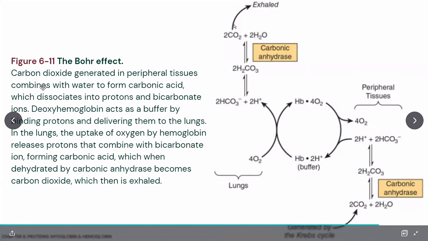And this is exhaled as carbon dioxide, together with the moisture, water, every time you exhale. Okay? And that is what we call the Bohr effect. Carbon dioxide is generated in the peripheral tissues, and it is exhaled through the lungs.